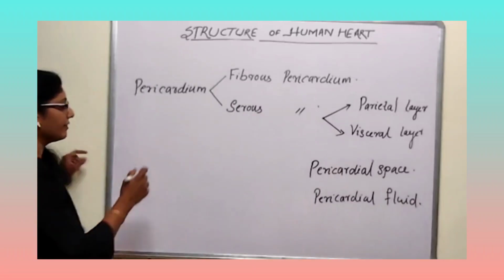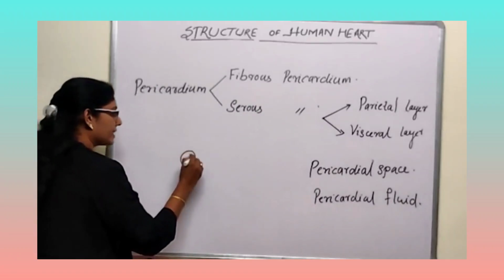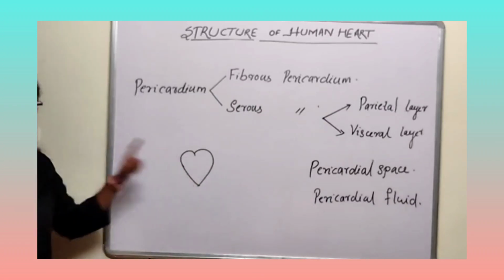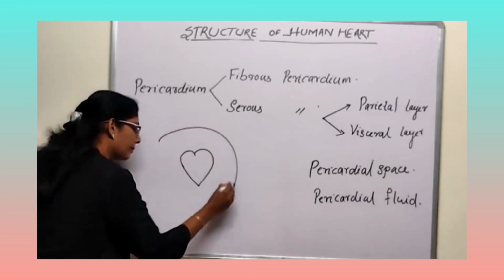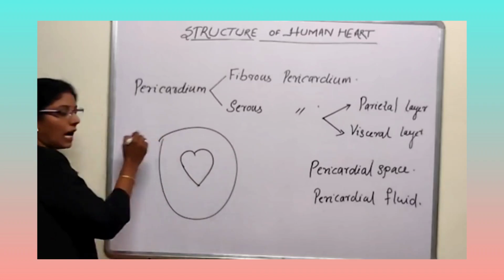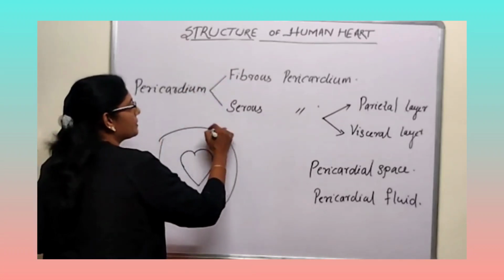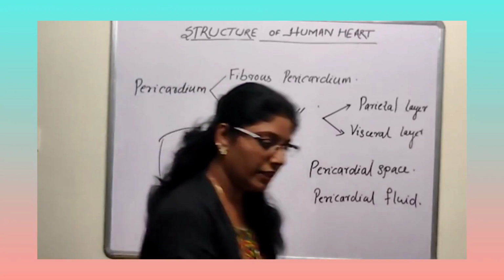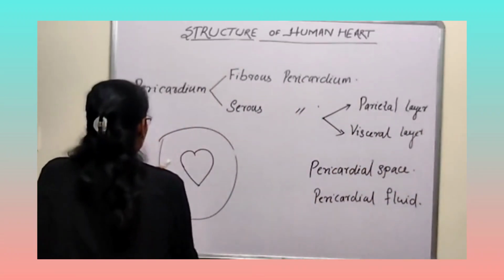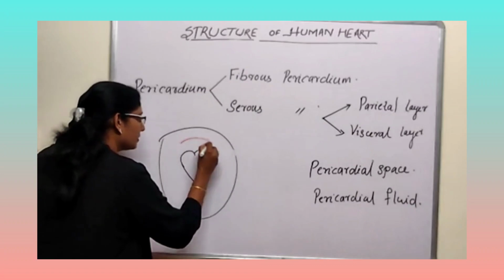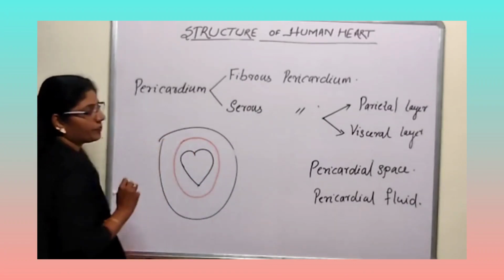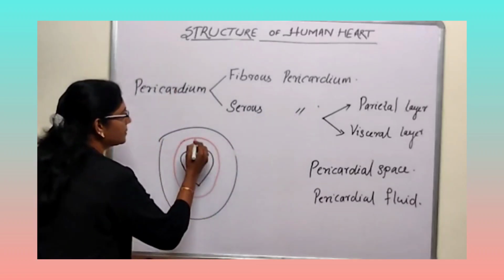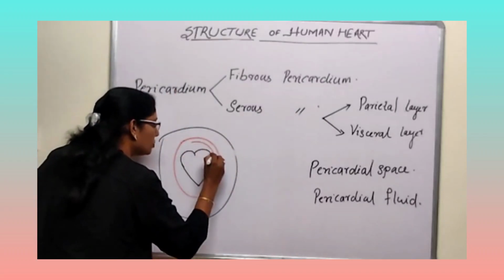Understood? Once again, we will make a diagrammatic structure. This is the heart, surrounded by a membrane, a protective cover. The outer cover is called the fibrous pericardium. Then the inner cover, this one, is called the serous pericardium, and it consists of two layers.